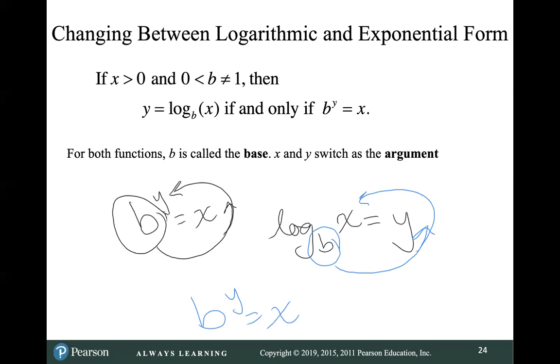And what we're doing is we're really calculating the inverse function. We are switching the role of the x and y. Okay, so again, this was our exponential form. And this is our logarithmic form. And we can switch back and forth because these are inverses of each other.